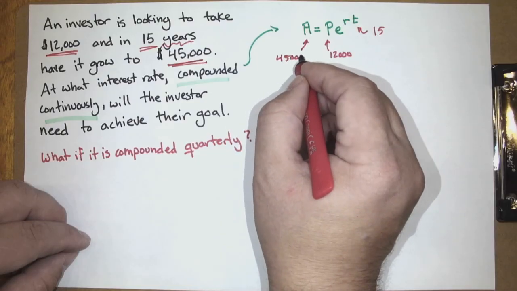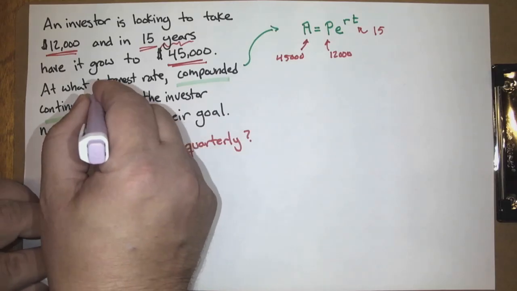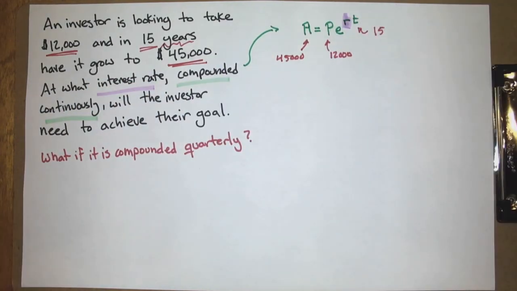So the good news is we know many things, but we don't know all things. What is it we're looking for? We're looking for the interest rate, so we're trying to solve for r. We've accounted for everything; there's one thing we don't know, and that's the thing we're solving for.